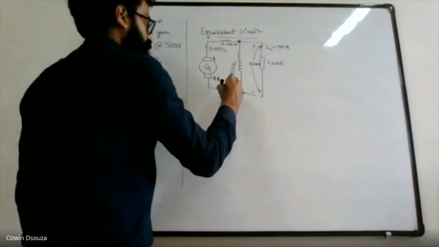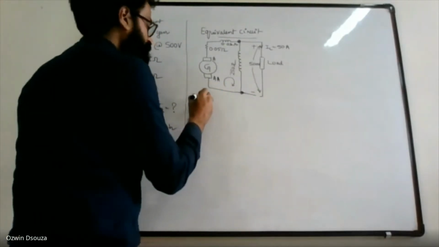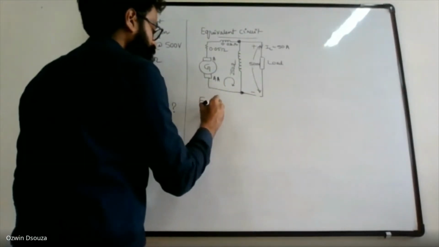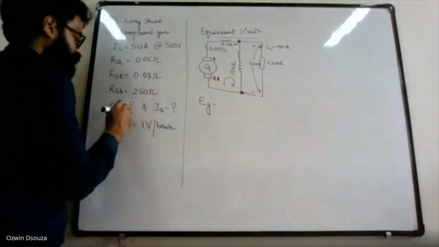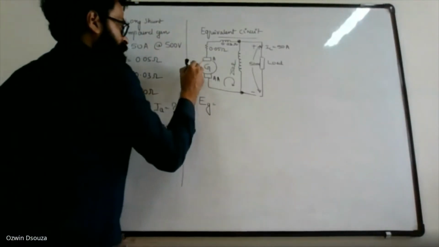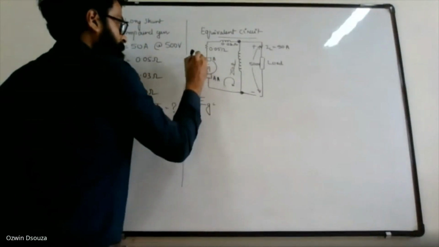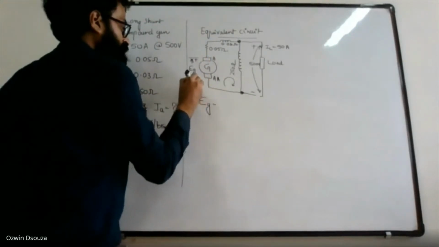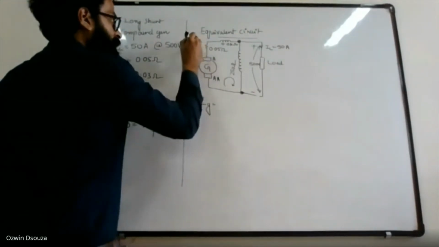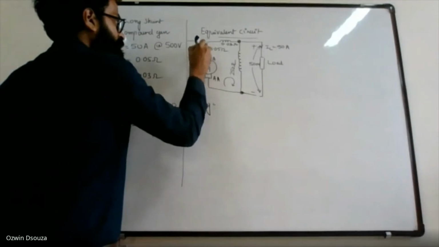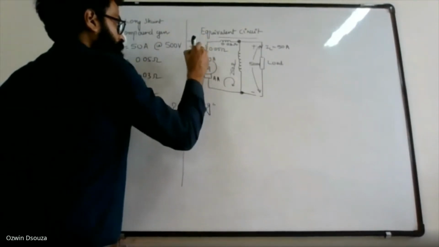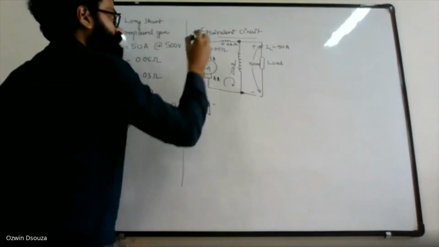So you can apply KVL in the clockwise direction. When you apply KVL, the generated voltage EG, upper side positive, lower side negative, and then comes the IA RA drop.